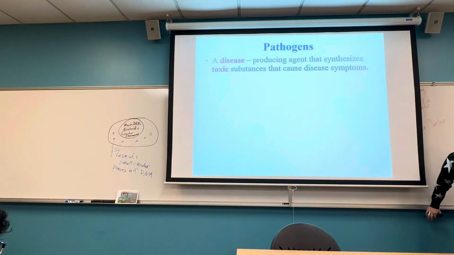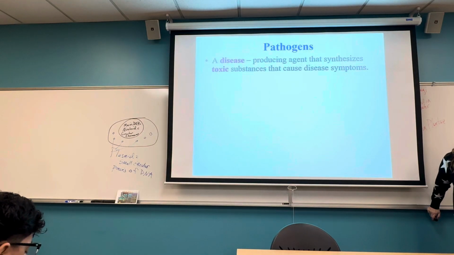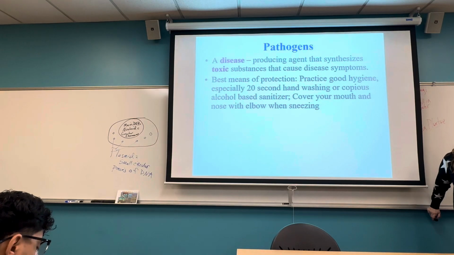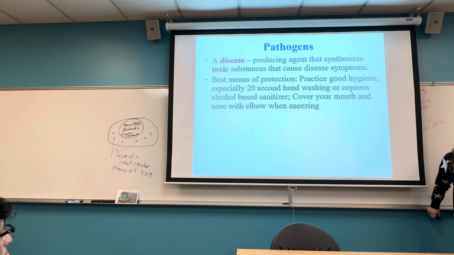Okay, so here's pathogen. A pathogen is a disease-causing organism. They produce a set of symptoms based on some kind of toxin that they release. So this is just a good reminder.